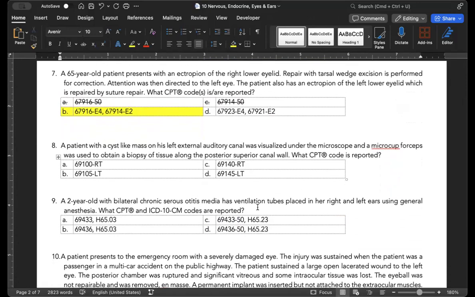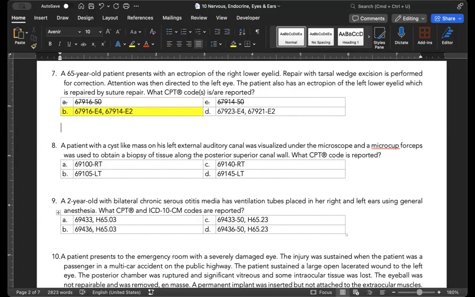Okay. Number 8, patient with a cyst-like mass on his left external auditory canal was visualized underneath the microscope. And then a microcup forceps was used to obtain a biopsy of tissue along the posterior superior canal wall. So we've got 2 that are close and 2 that are close.